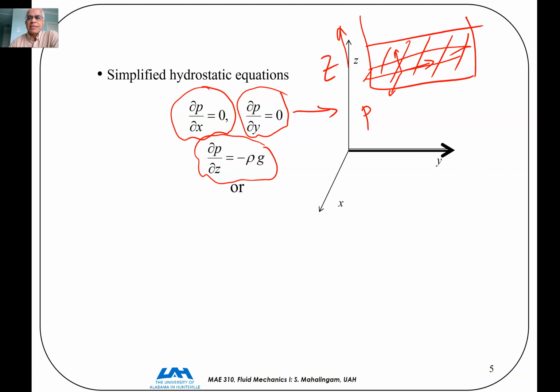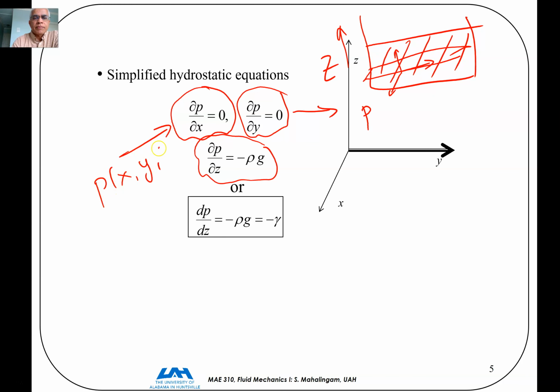Okay, again, x, y, z, for your convenience, I've referred to over here. So in other words, since P is not a function of x or y, in general it's a function of x, y, and z, but here it is not a function of x and y, I can replace the third equation by the ordinary derivative dp dz equals negative rho g. As I mentioned in the first chapter in discussing fluid properties, this rho g we'll give a new symbol.